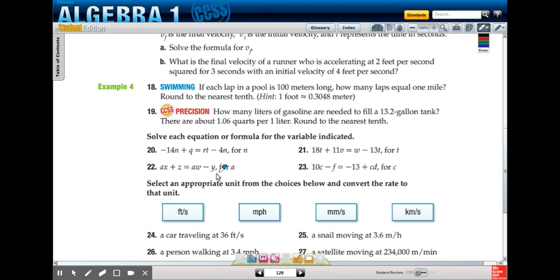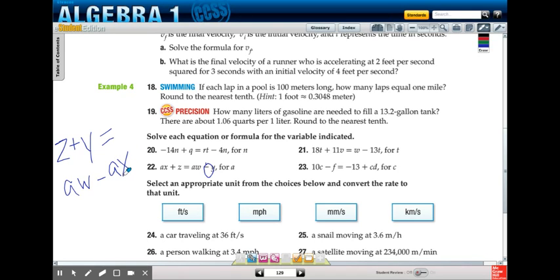So first thing I'm going to do is do it this way, because this is an interesting one. I would move this Y to the other side. So then I would have this Z plus Y on one side, and then I would move the AX to the other side, and I would end up with AW minus AX.